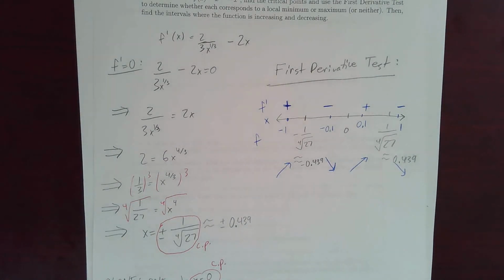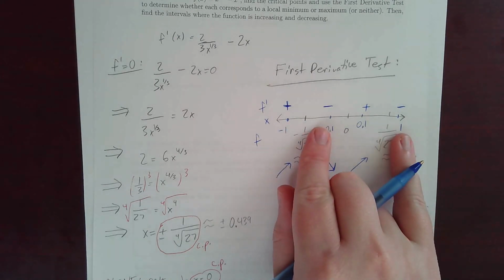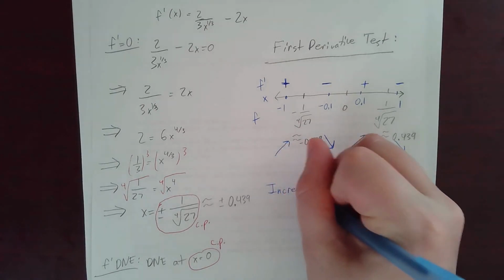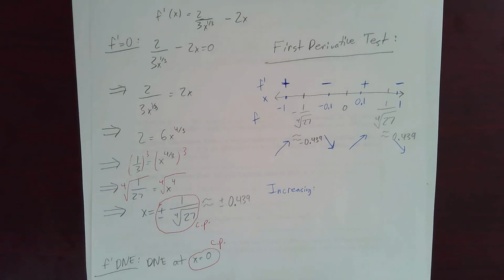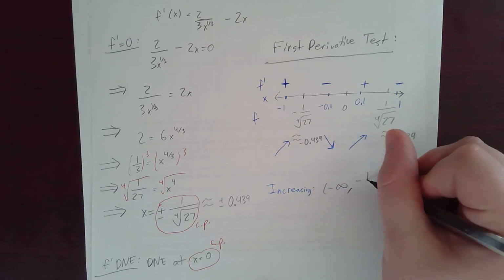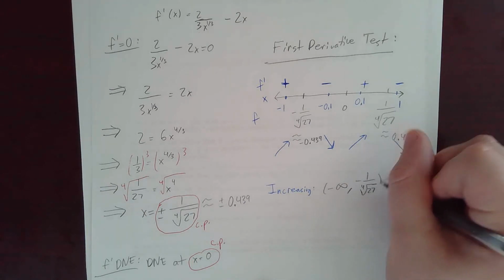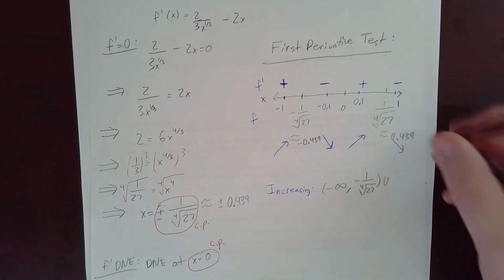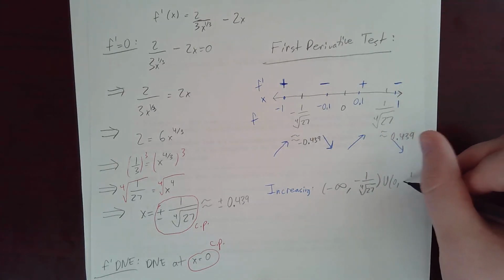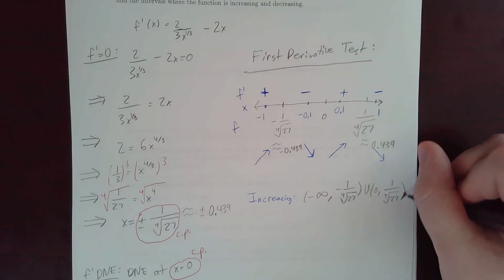So what that means for us is that all these intervals where we're positive, we're increasing, and all these intervals where we're negative, we're decreasing. So we are increasing on the interval -∞ to -1 over the 4th root of 27, unioned with 0 to 1 over the 4th root of 27.